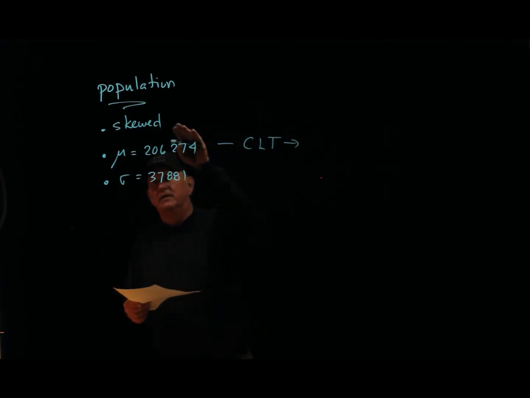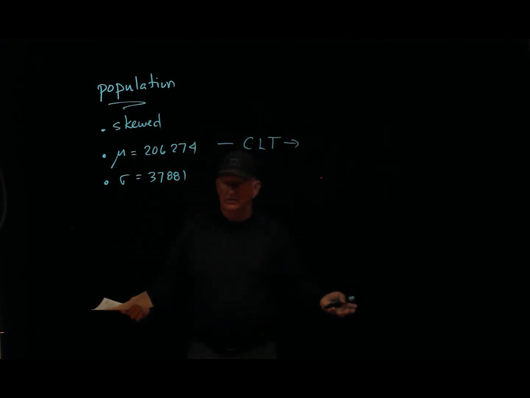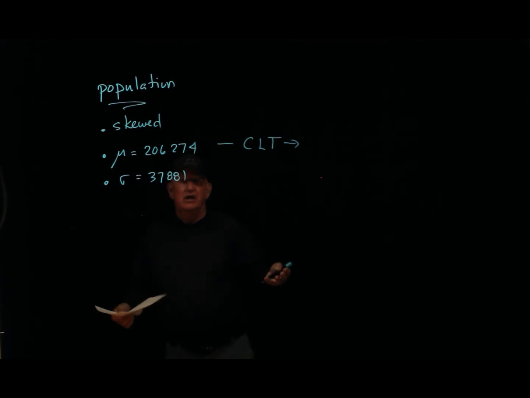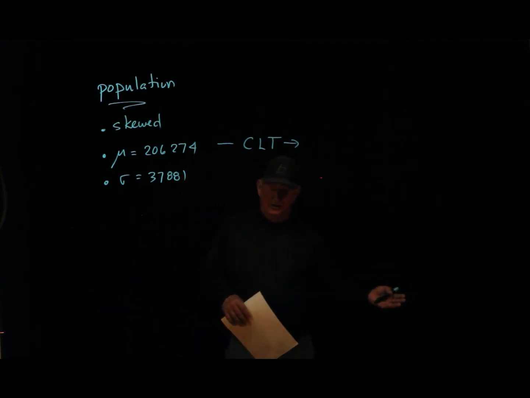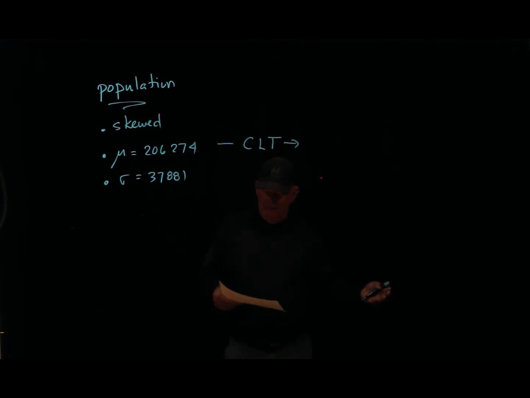says, independent of whether it's skewed or not skewed, if you take samples of the appropriate size, less than 10%, and here we have samples of size 100, and you take all such simple random samples available.